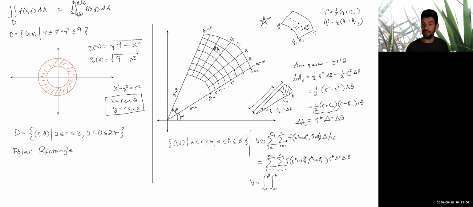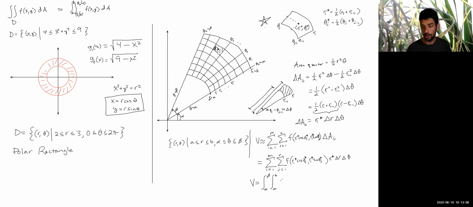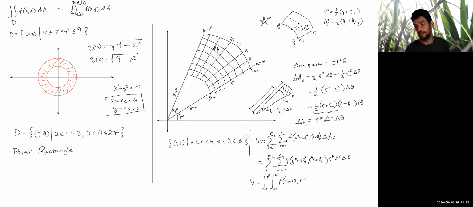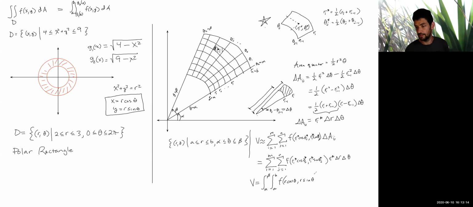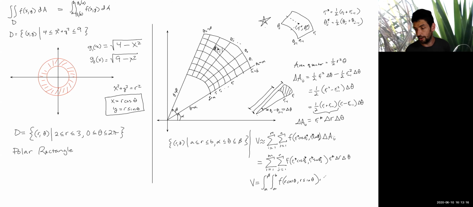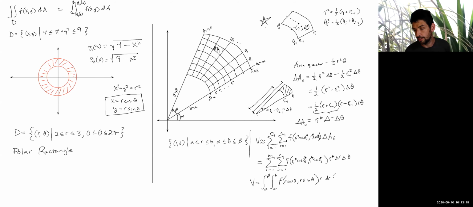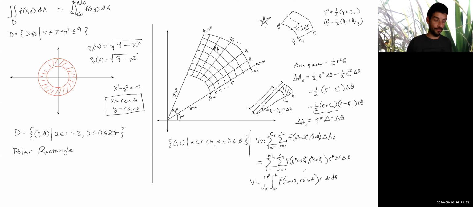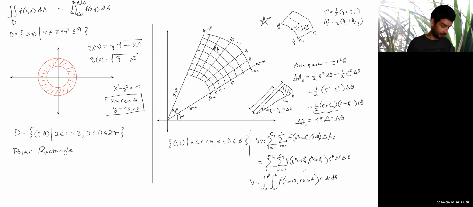So these are the limits on theta and r. We get f of r cosine theta, r sine theta, and r dr d theta. Okay. All right. That was a whole bunch to get there.